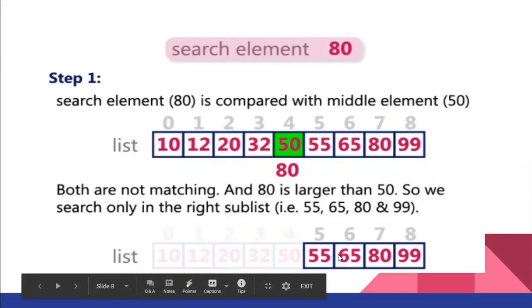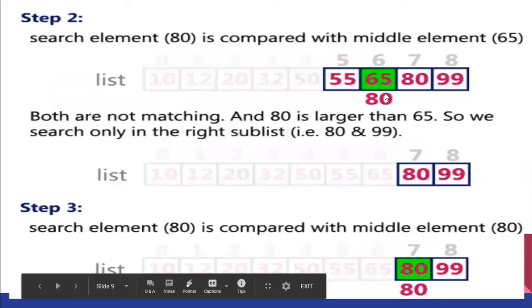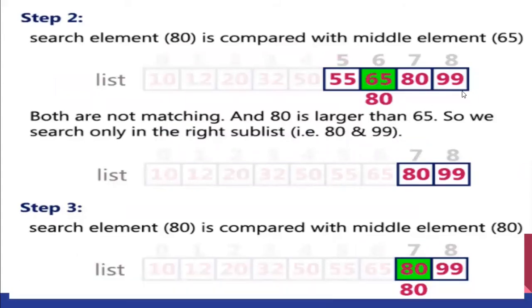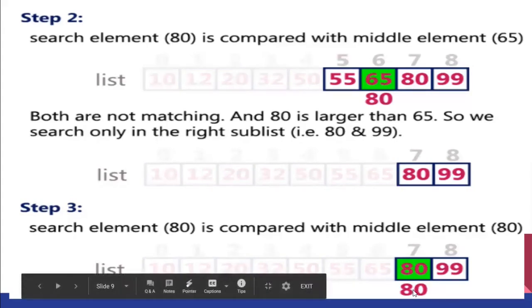Again the middle element is computed. The middle element is 65. It is not matching, and 80 is larger than 65, so we search again in the right sublist. Now only two elements are present in the right sublist, 80 and 99. The middle element is 80. We compare 80 and 80. The element is matched.